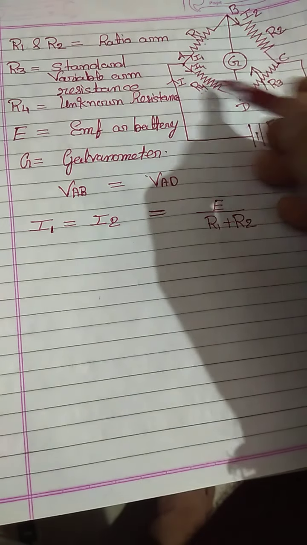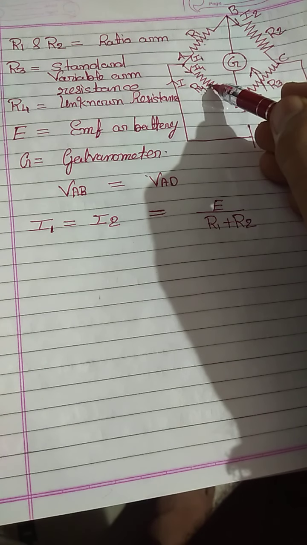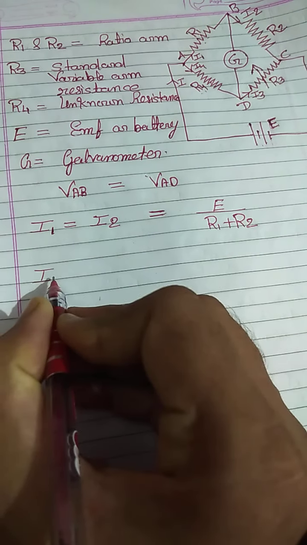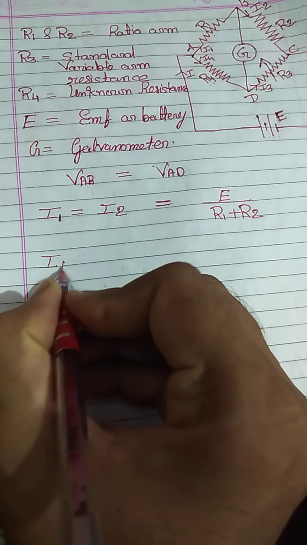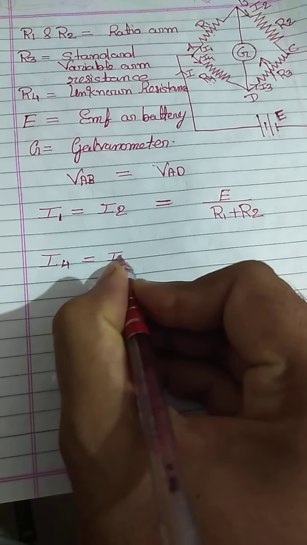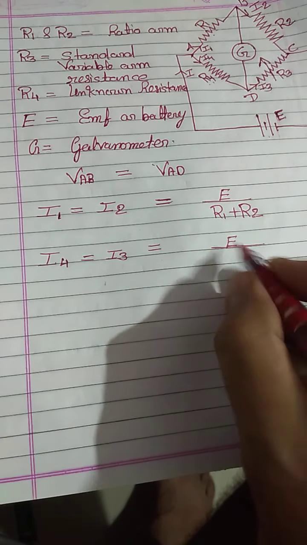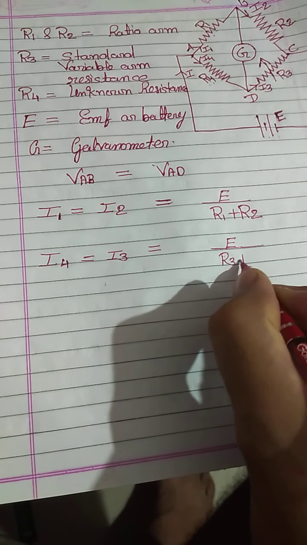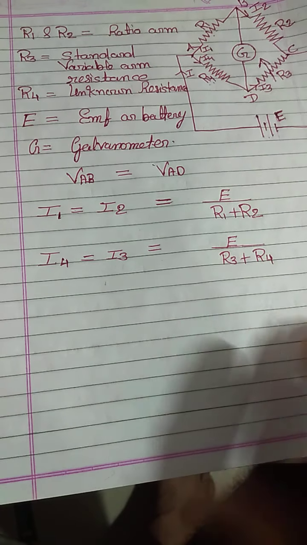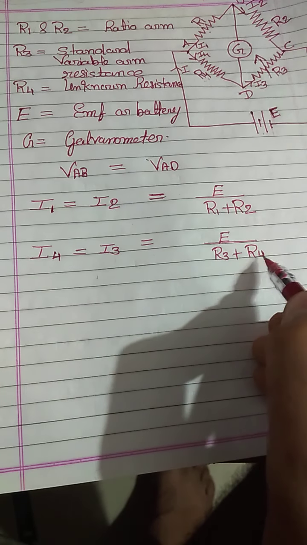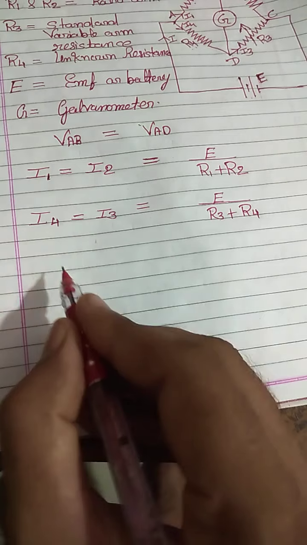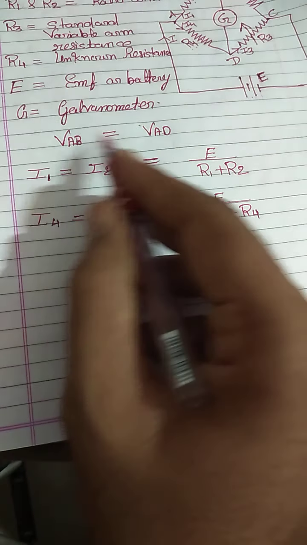Similarly, the currents through I4 and I3 will be equal. So I can write I4 equals I3, which equals E upon R3 plus R4. That can be placed in this equation.